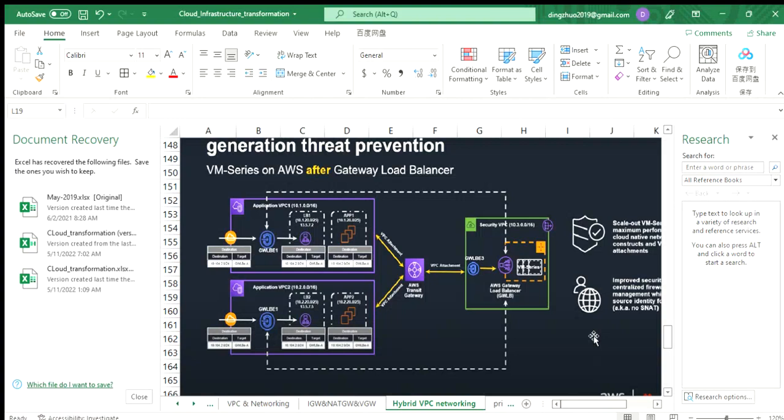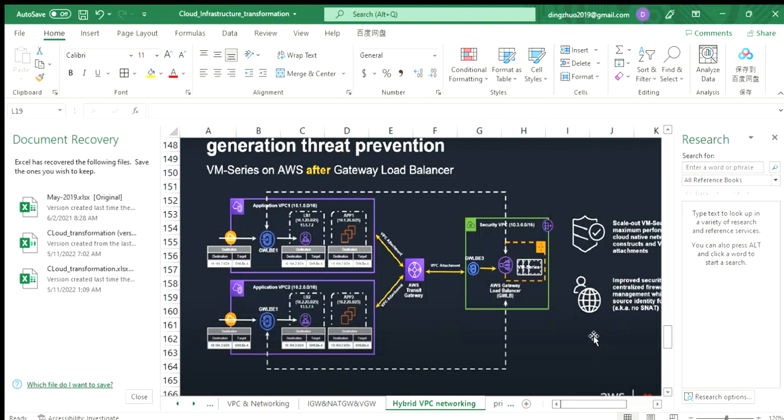You're going to have VPC A, VPC B, and the security VPC. They all have different subnets. On the security VPC, you're going to have gateway load balancers connected to multiple virtual security appliances, and also gateway load balancer endpoints that connect to those different VPCs.